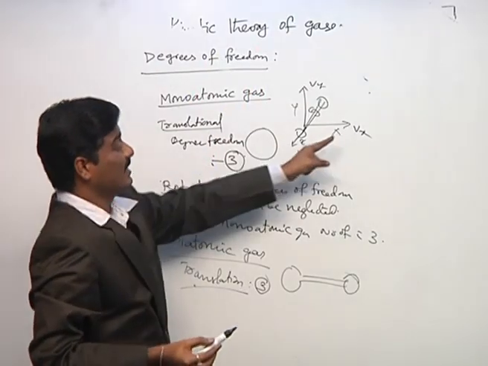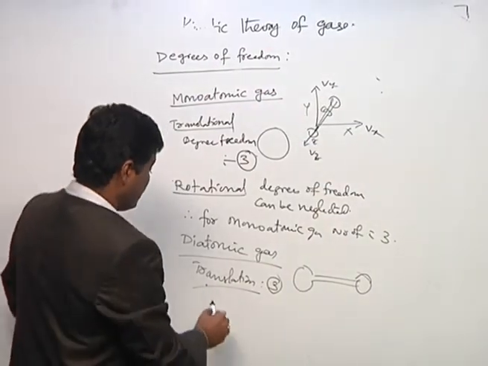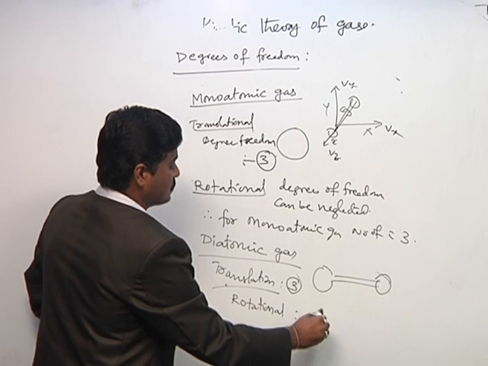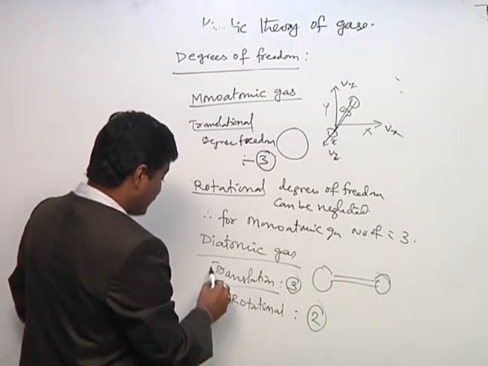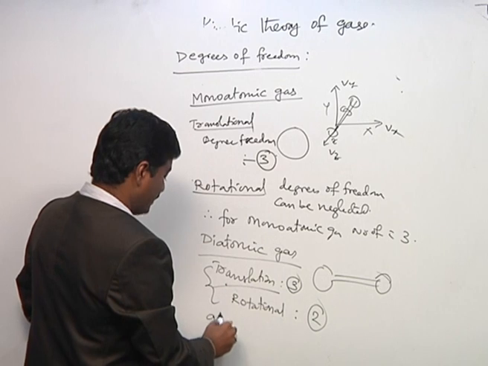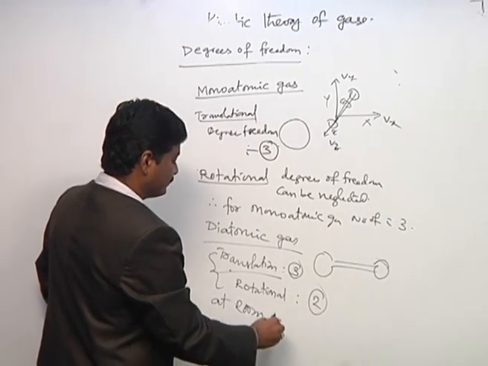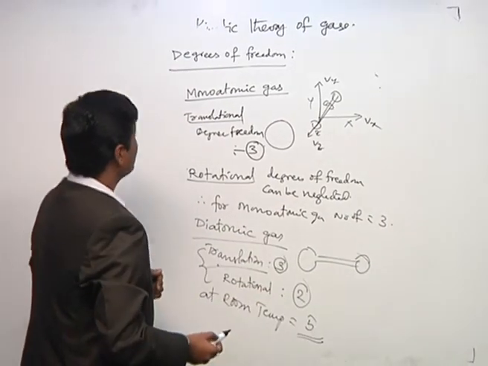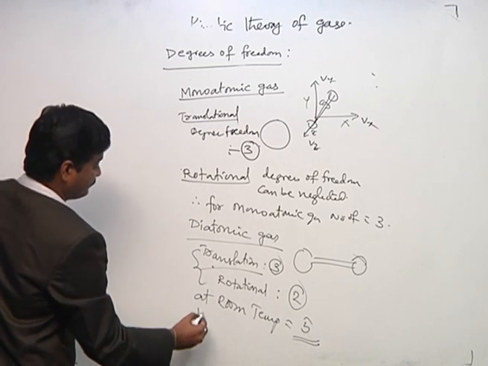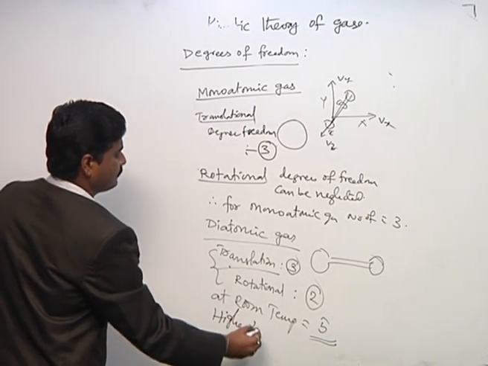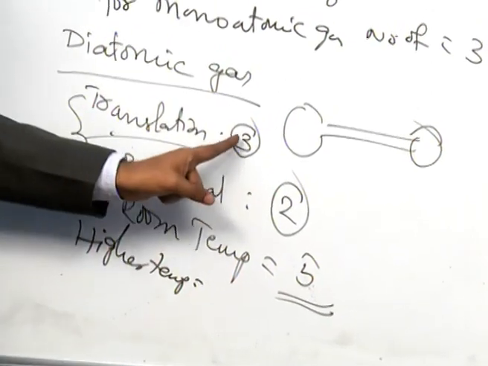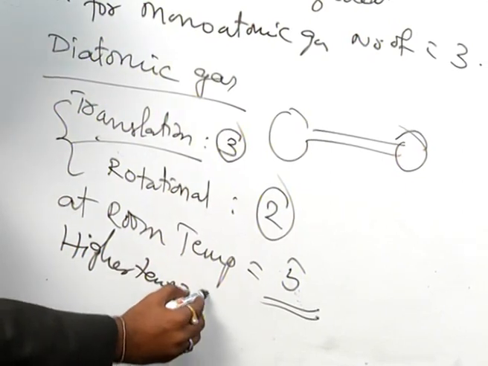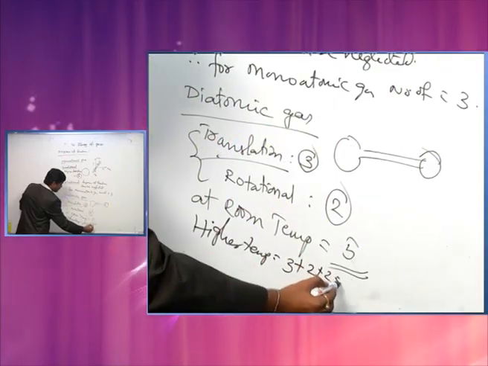Only the energy along the x-axis and y-axis will exist. Therefore, the rotational degrees of freedom is 2. So for a diatomic gas at room temperature, the total number of degrees of freedom is 5. If we consider a higher temperature, then translational 3, rotational 2, and one more, vibrational, which is also 2. So total 3 plus 2 plus 2 is 7.